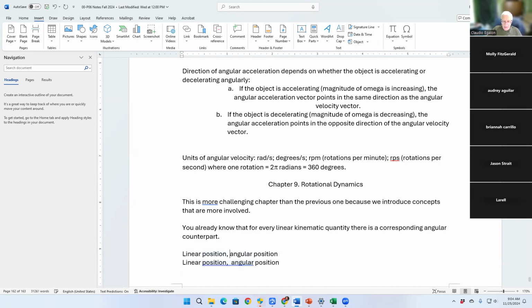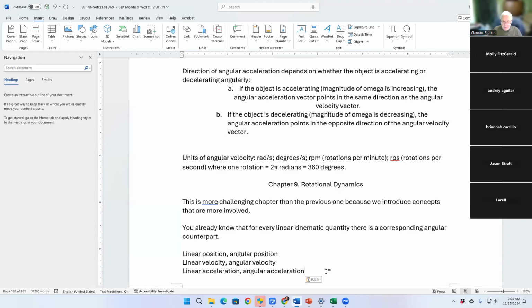Linear velocity, the counterpart is angular velocity. Linear acceleration, angular acceleration.